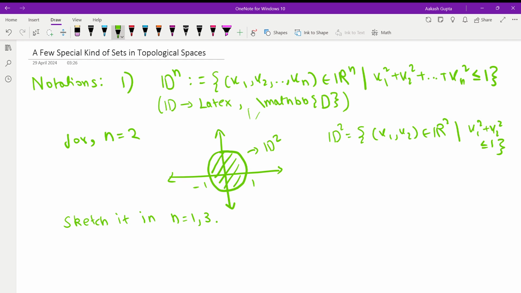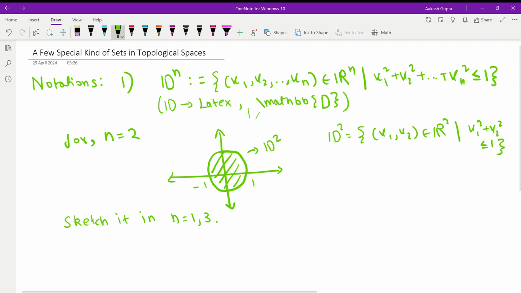The vector space dimension I'm talking about here. If you don't know, in mathematics there are many kinds of dimensions. One such dimension we will also be looking into in basic topology is called topological dimension. It is due to Lebesgue, if I'm not wrong. We will come to that later on.